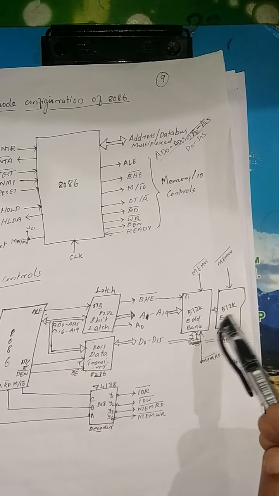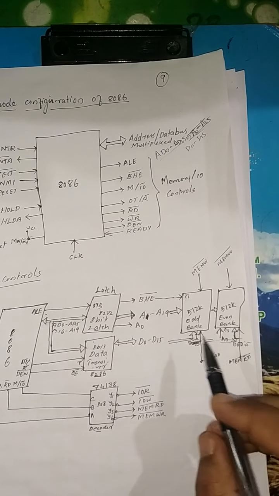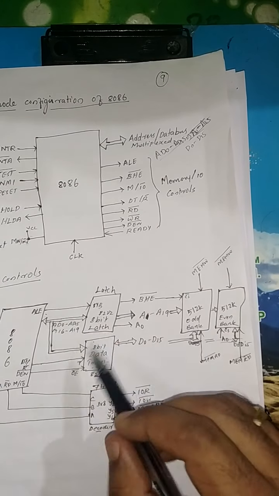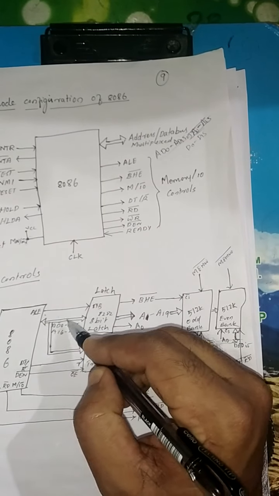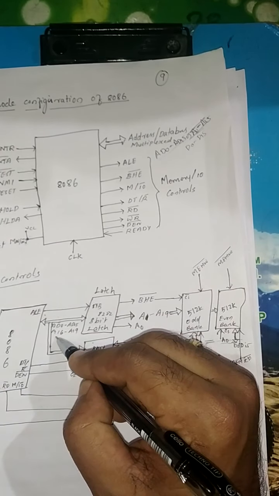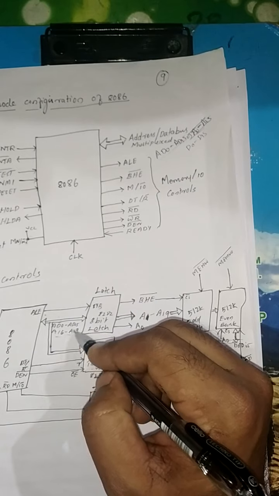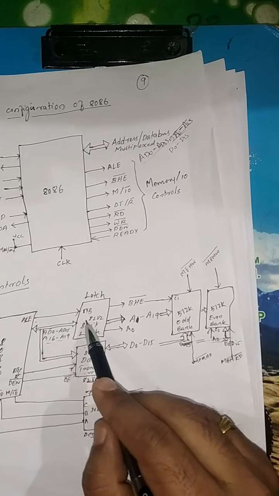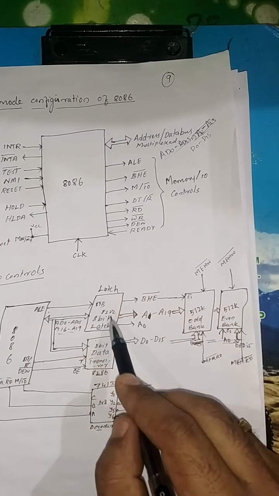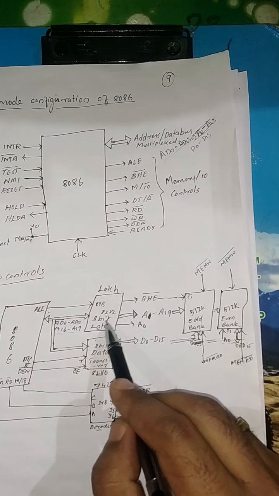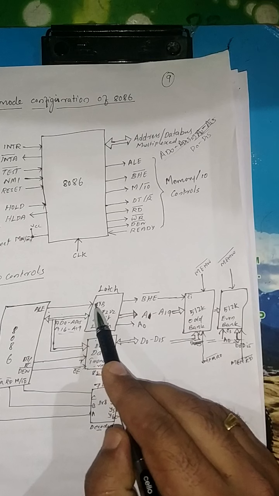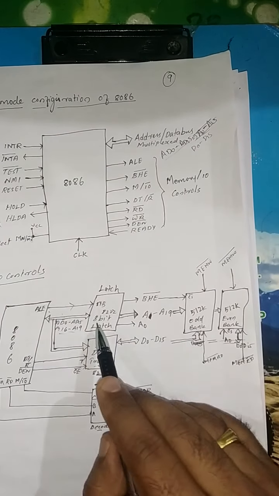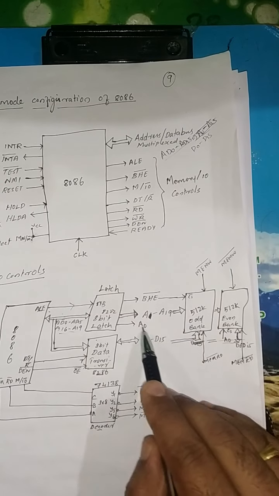As I already told you, the data bus and address bus are multiplexed. So in the initial stage the address is sent here, and after that this address should be latched, right? So an ALE signal will be sent on this line, and this address will be latched here.